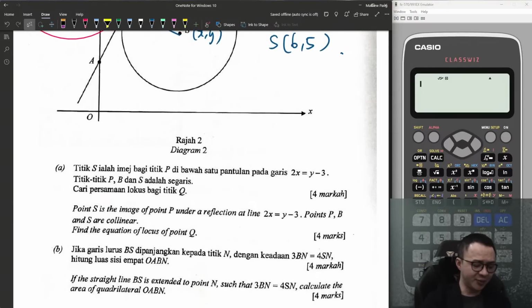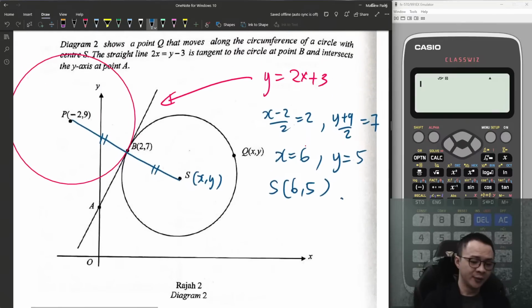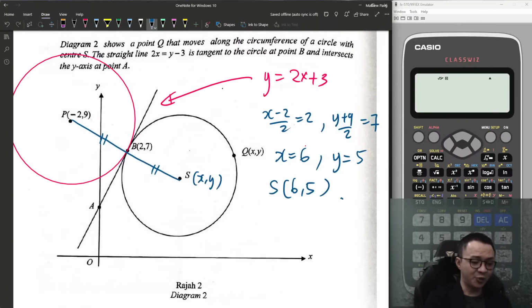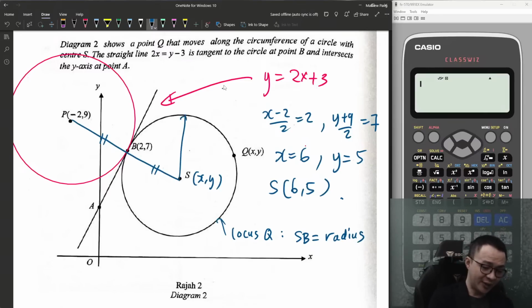After I got the coordinate S already, because my objective is to find the equation of the locus Q, I need to know the distance of S to B. For the locus Q, I know that SB is always equal to the radius, the certain distance R. Here also R; no matter where it goes, it's the same radius.